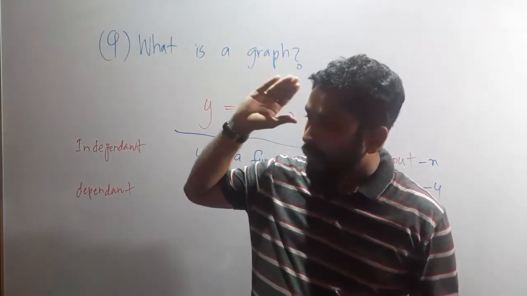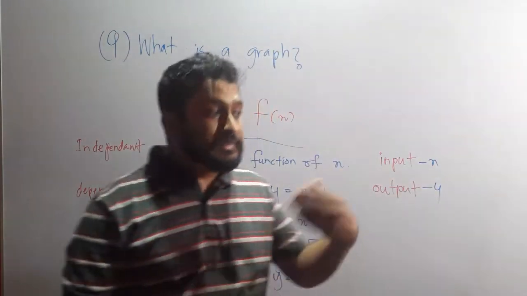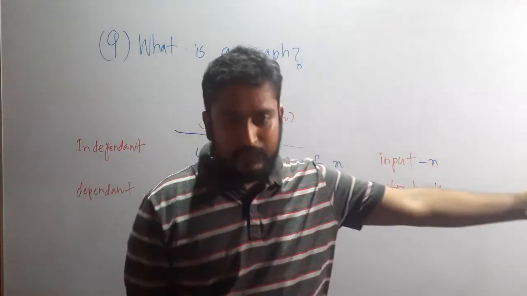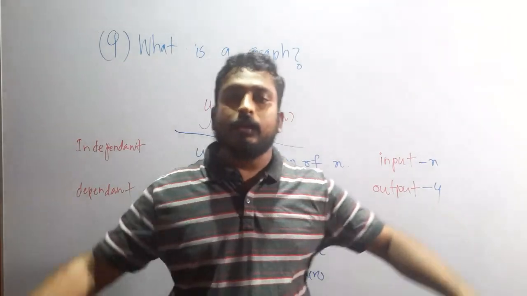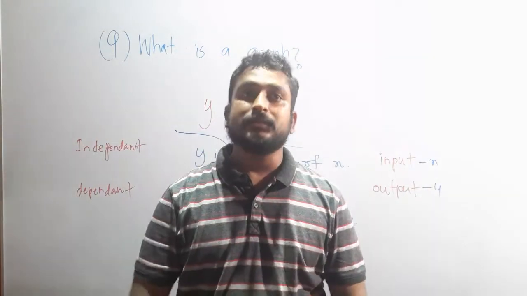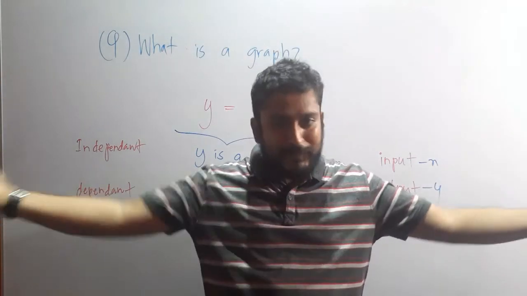For the minus side, the end is minus infinity. For the plus side, the end is plus infinity. From minus infinity to plus infinity, x has its own values. So we don't need to give the values for x.